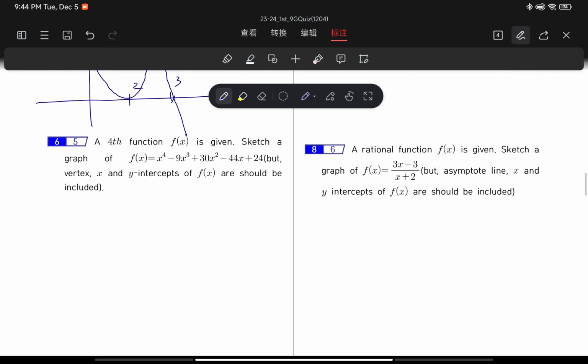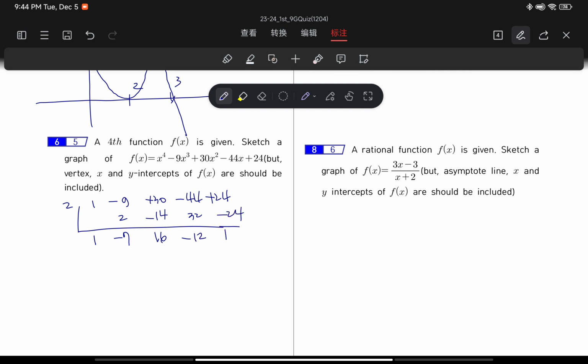Okay, number 6. So 1 minus 2 plus 30 and minus 44 plus 24, so 2, 1, 2, minus 7, minus 14, and 16 plus 32, minus 12 and minus 24 and 0.